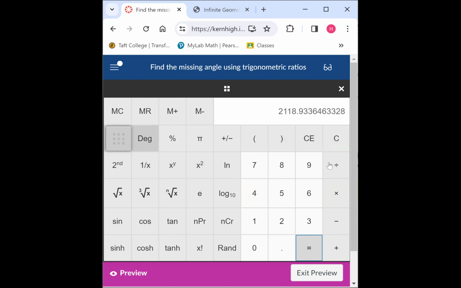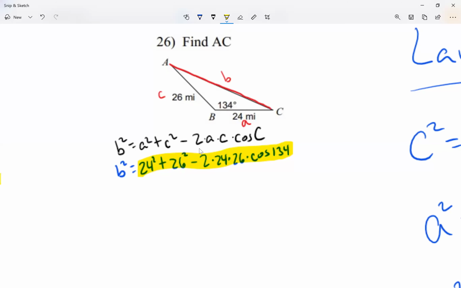Press enter, and it gives me 2,118 point something. Okay, I'm going to round it to 6 decimal places. I know my answer says to round it to the nearest tenth, but not my work.